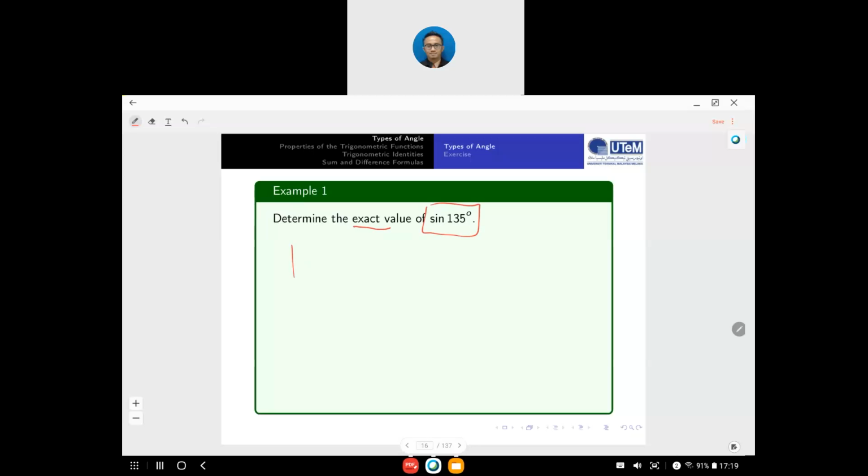You have the first one 90 degree, 30 degree, 60 degree. Okay, the first triangle. And then the second triangle, okay, 90 degree, 45 degree, and 45 degree. So you must think how to convert this angle into this special triangle. Okay, because you cannot use calculator.